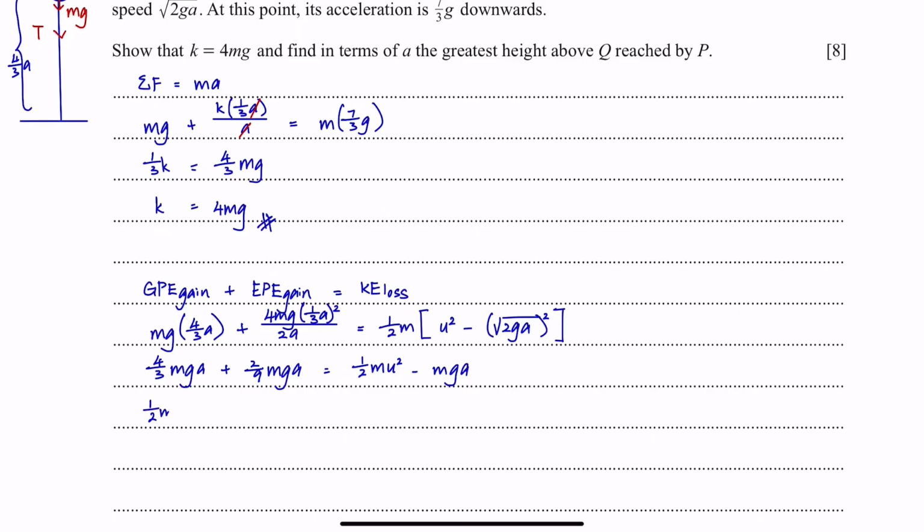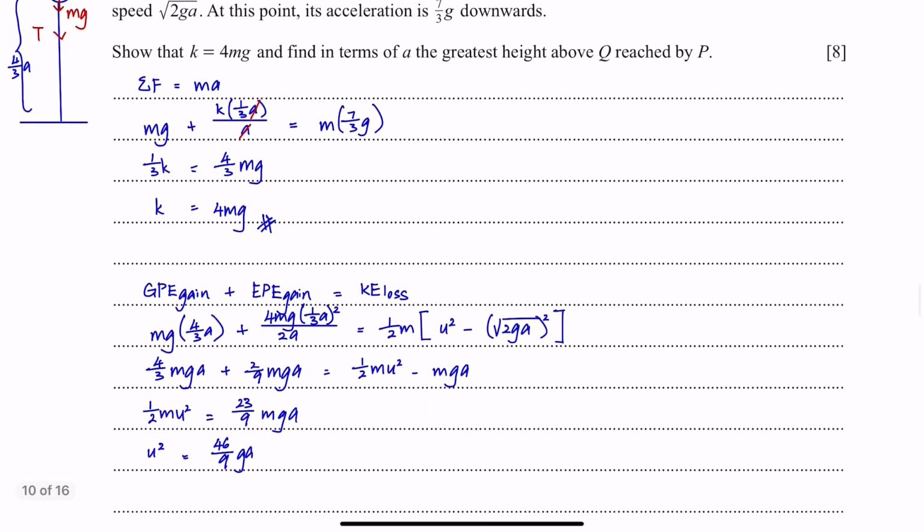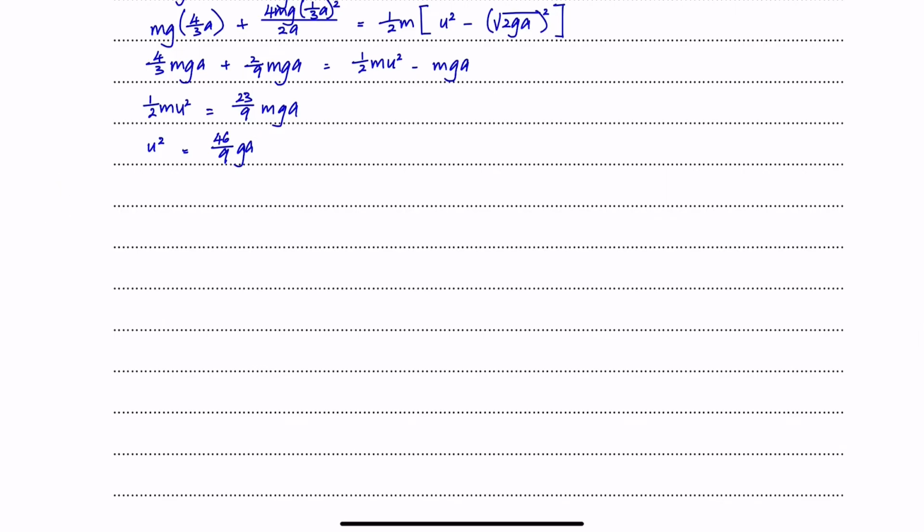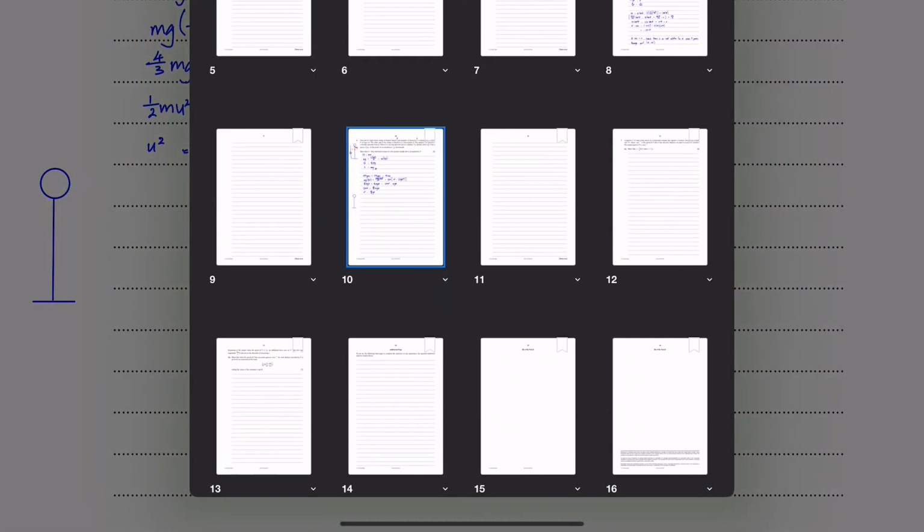So half mu squared equal to 23 over 9 mga, and u squared is equal to 46 over 9 ga. So now we have found the initial speed squared, and we can start finding the maximum height or the greatest height. So for the greatest height, we have our particle here. This is, sorry.